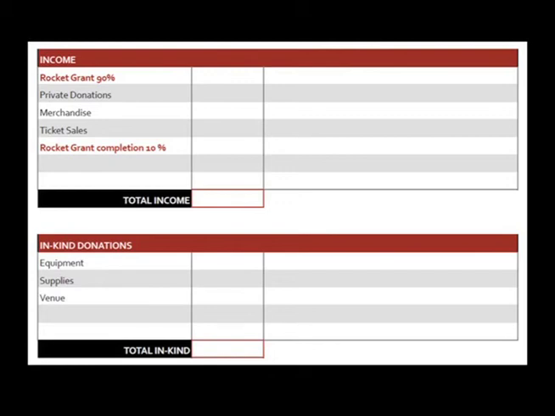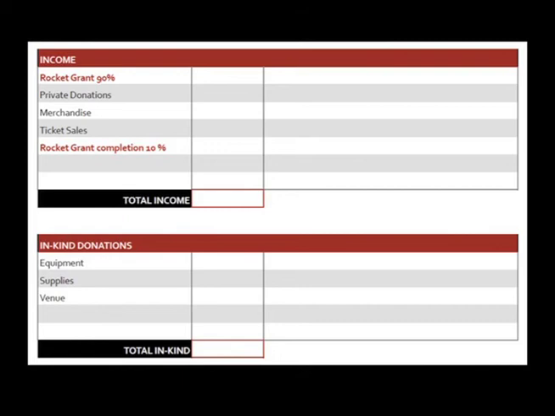An important part of a budget is that it should balance. So the total in your expenses section should equal the combined total of your dollar income plus your in-kind income. In-kind income is anything that anyone contributes or donates to your project that's not money, such as space, food, materials, and so on.